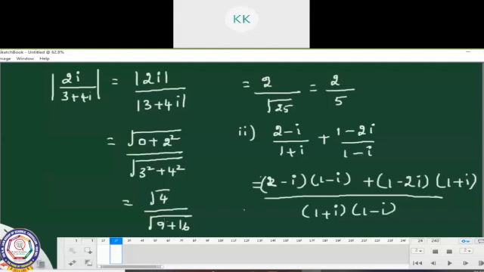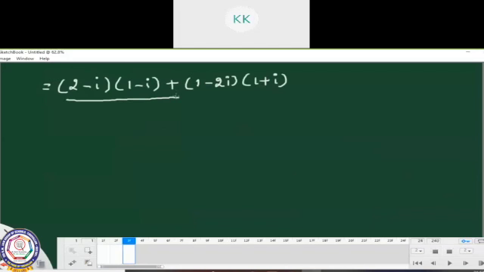I will write it here once again: 2 minus i into 1 minus i plus 1 minus 2i into 1 plus i, the whole divided by 1 plus i into 1 minus i.